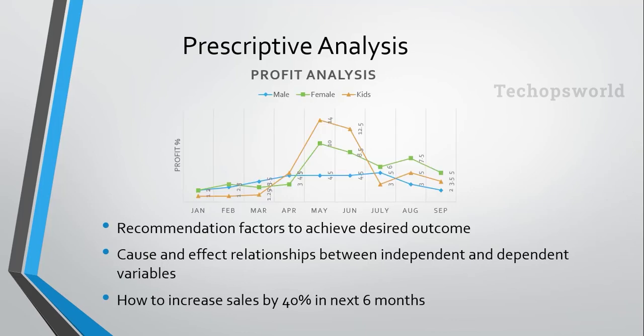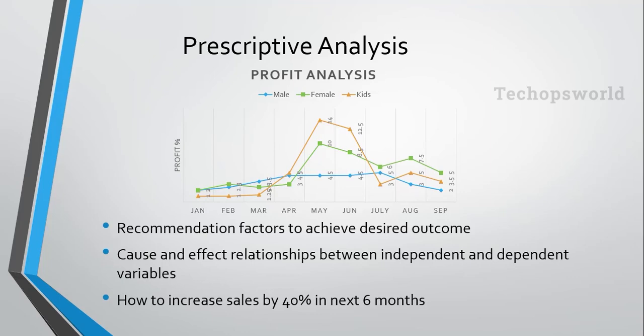In this graph, which is a detailed one, we can see which category of people actually made purchases. In the male category, we had 2 or 2.5%, and the maximum is 4.5% in May.